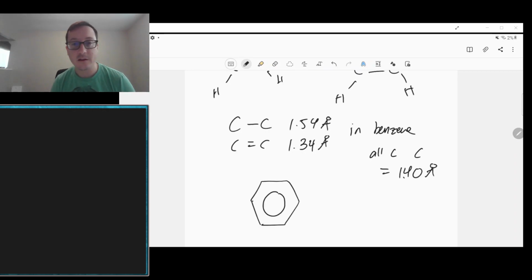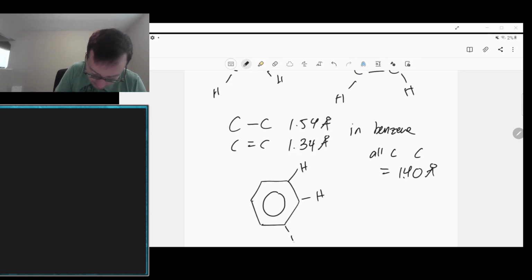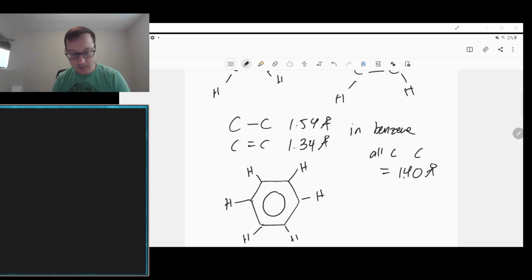We often write it like so, with a giant circle in the middle, where again, all these vertices are the carbons. We often write it with a circle inside to illustrate the delocalized nature of these electrons. And we're going to see this lends this molecule an extraordinary amount of stability.